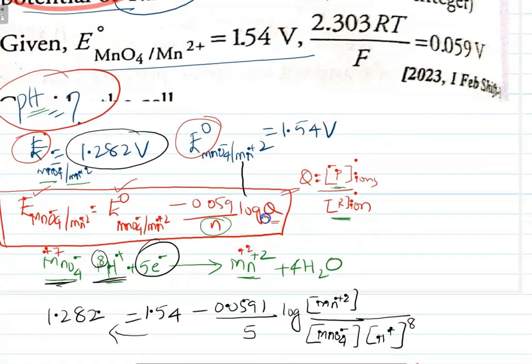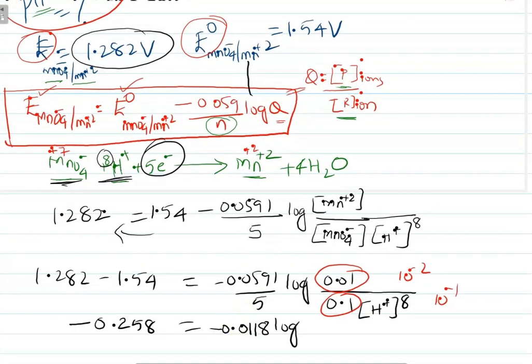I substituted 0.01, so I will make my correction here. It's not 0.01, it is 0.001. The error happened because I need to scroll up and down. So 0.001 I can write as 10 to the power of minus 3 by 10 to the power of minus 1, which gives 10 to the power of minus 2, that is, minus 3 minus minus 1 is minus 2, by the concentration of H plus ion to the power 8.